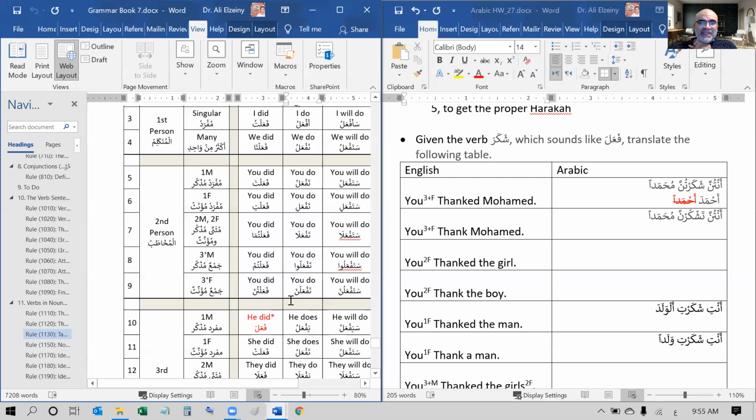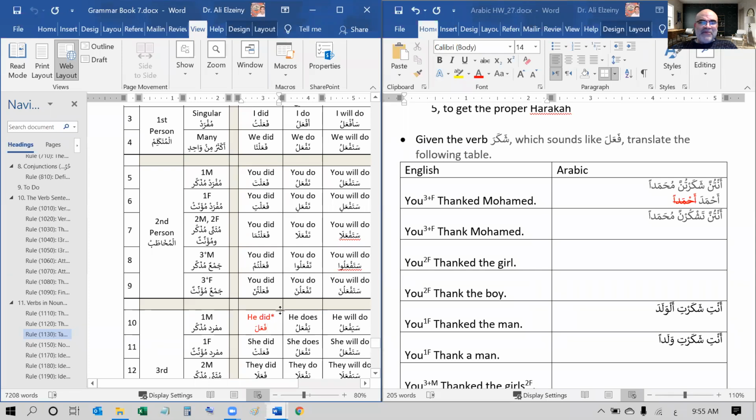La'iba becomes tal'abu. Zara'a, which sounds like fa'ala, I convert into 3 plus F, taf'alna, which is tazra'na. And if this is la'iba, then tal'abna. Shariba, tashrabna.